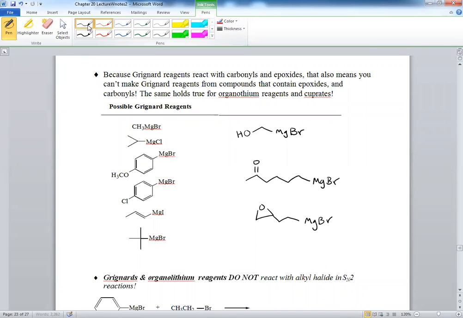If I were to draw another one of these, instead of this adding to, let's say, something else, and if I just draw another one right here, this will react with another Grignard reagent.